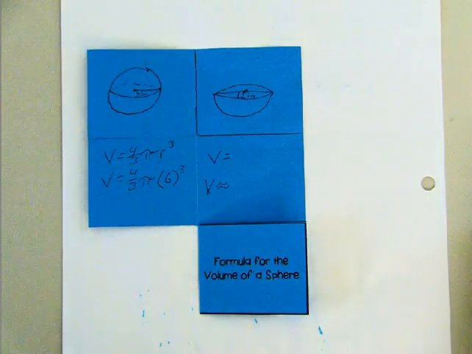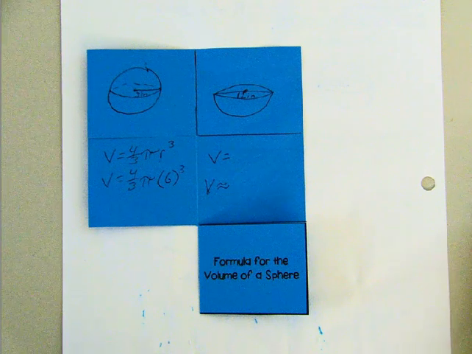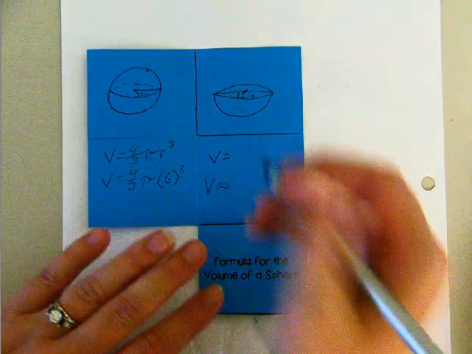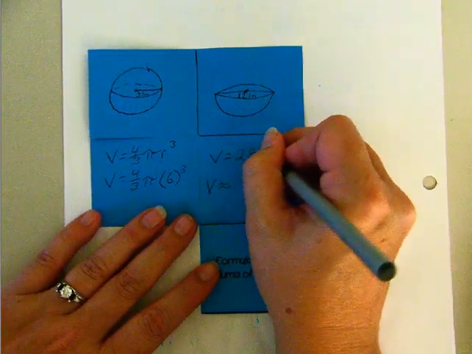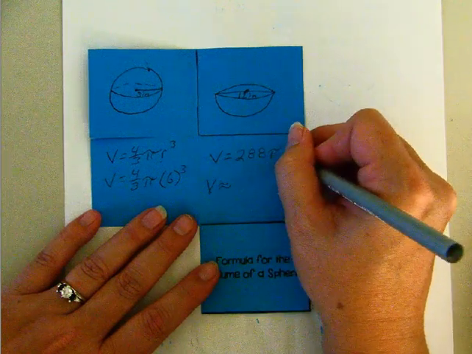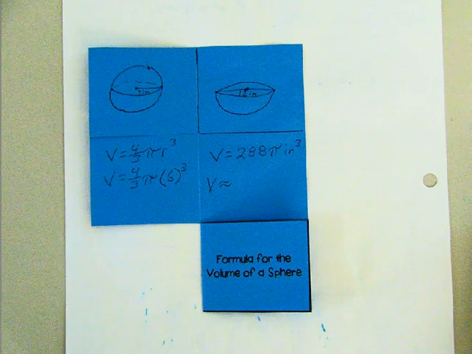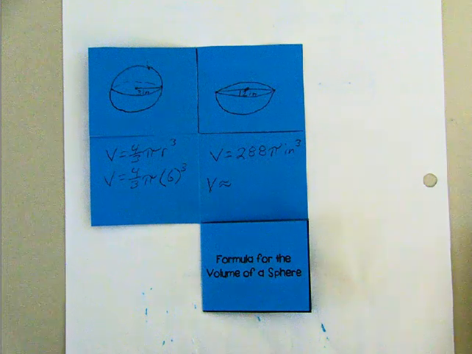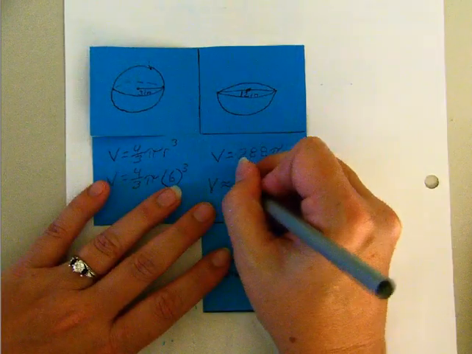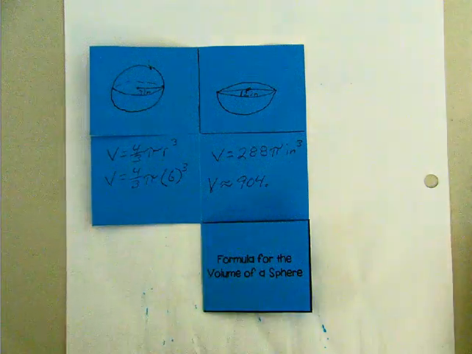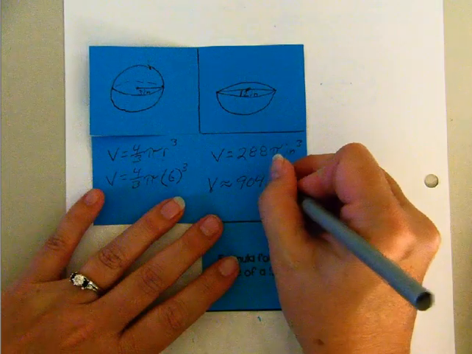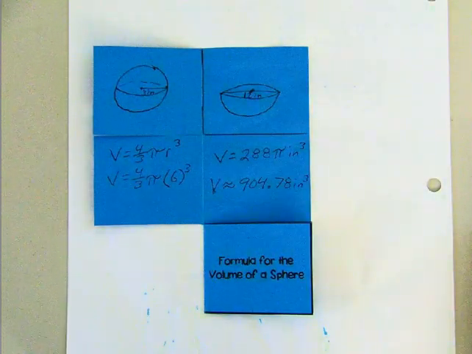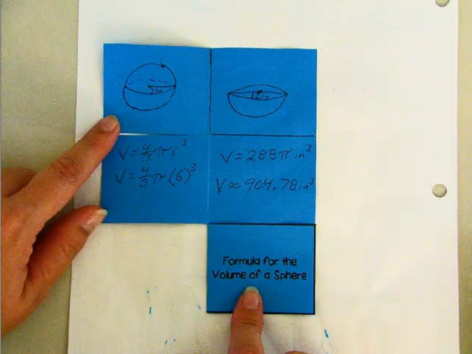On our calculators, we're going to do 4/3 times 6 to the 3rd power, which is 288. So that's 288 pi inches cubed. And if I want my decimal, I'm going to take that times pi, and I get 904.78 inches cubed, with 2 decimal places.